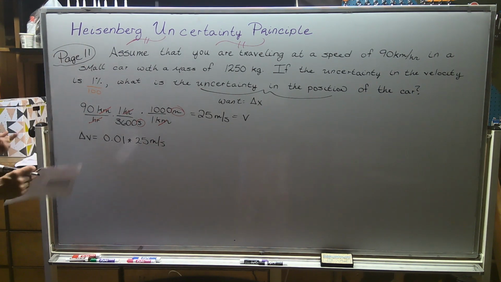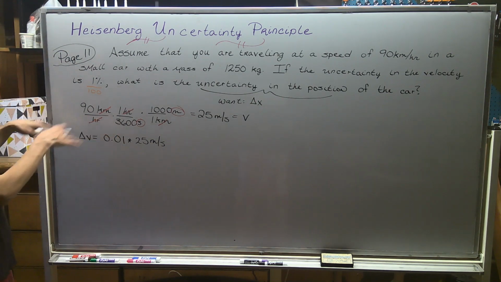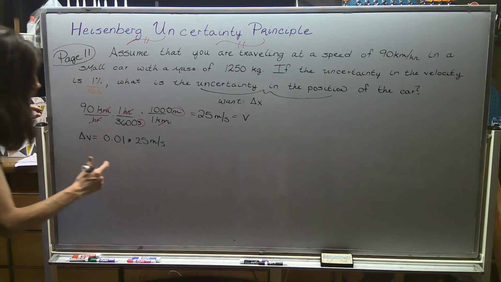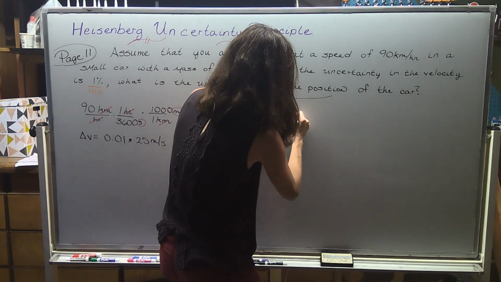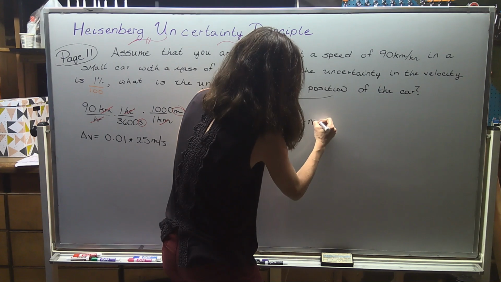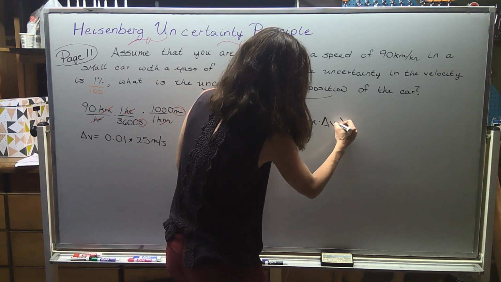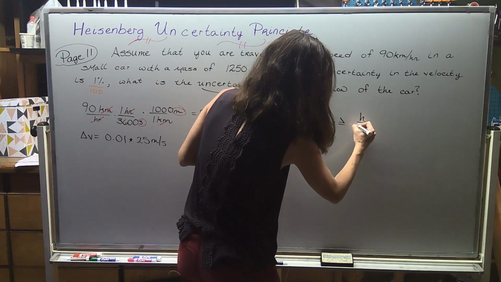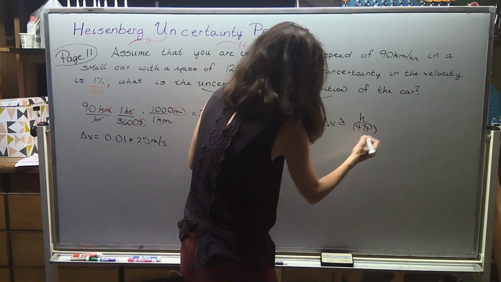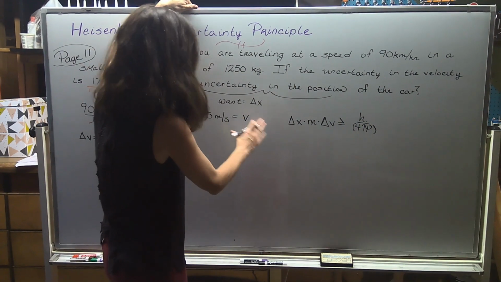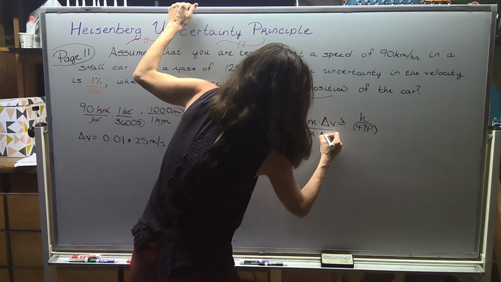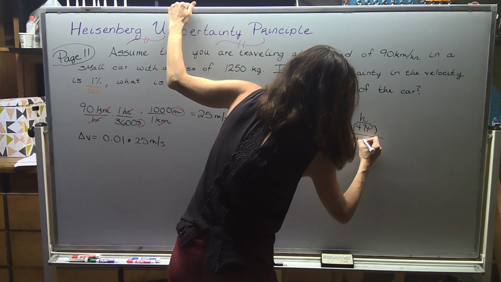I'll leave it like that. I actually plugged it in all in one step, so I don't have that number written down. So let's do the calculation then. We have delta x times mass times delta v is greater than or equal to Planck's constant over 4 pi. I'm asked to solve for delta x, so I'll divide this side by mass times delta v, and I'll do the same over here.